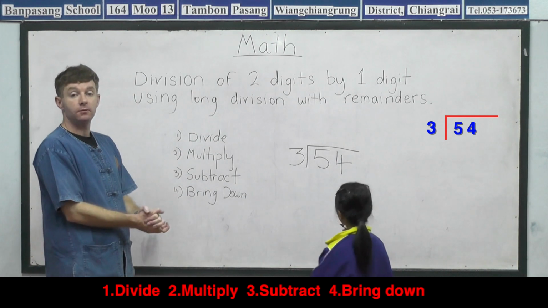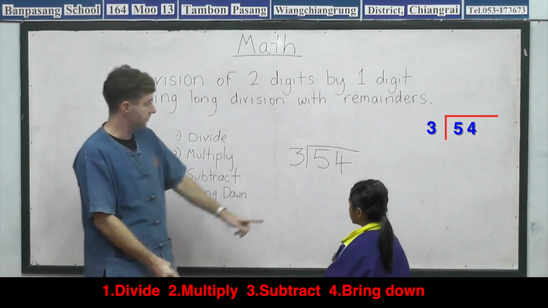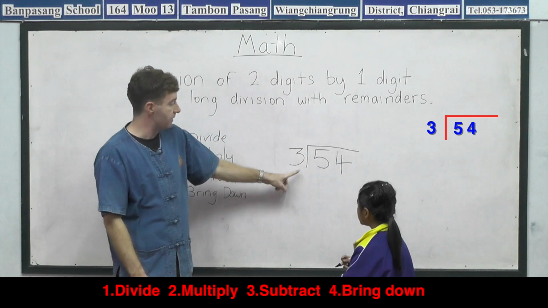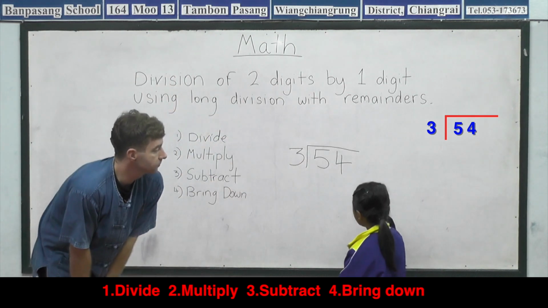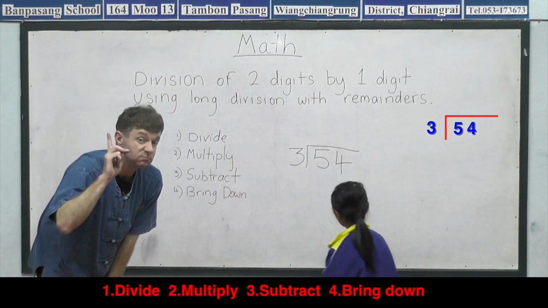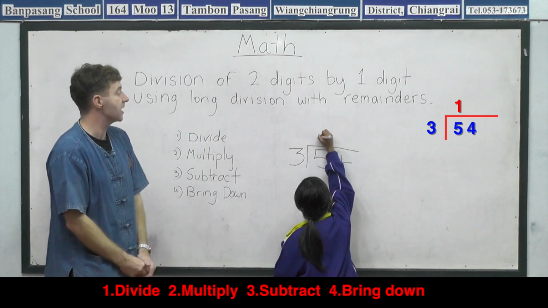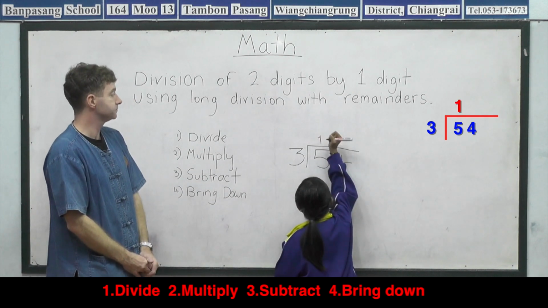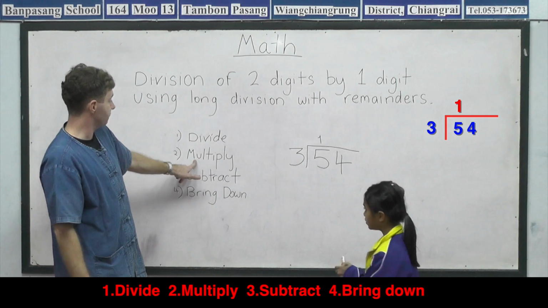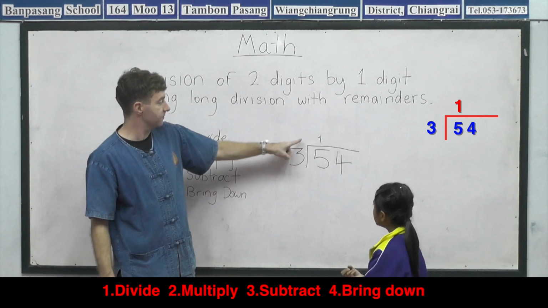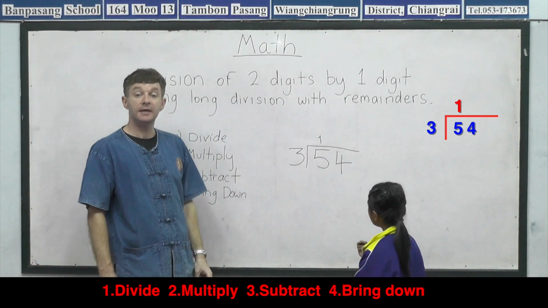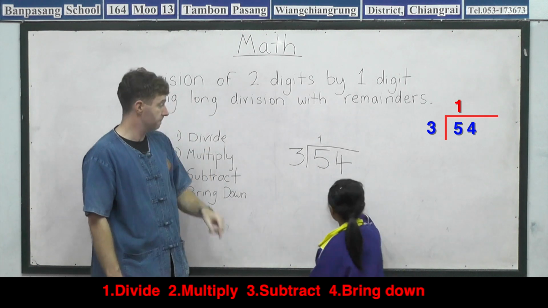Step number 1, divide. 5 divided by 3 equals 1. It goes in one time. So we'll write 1 here. Step number 2, 3 times 1 equals 3.